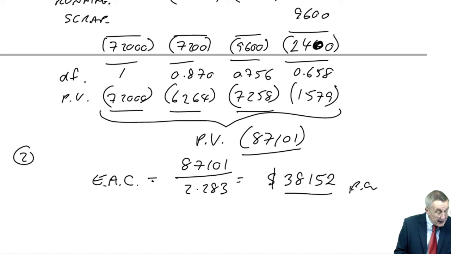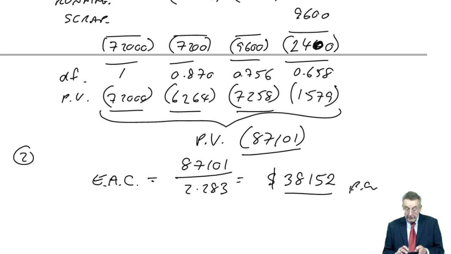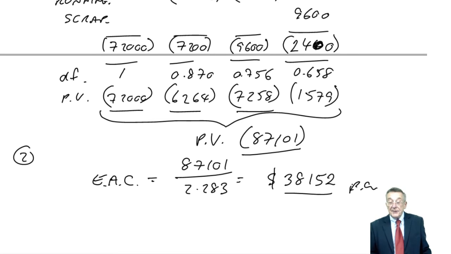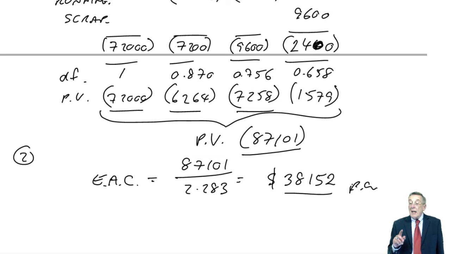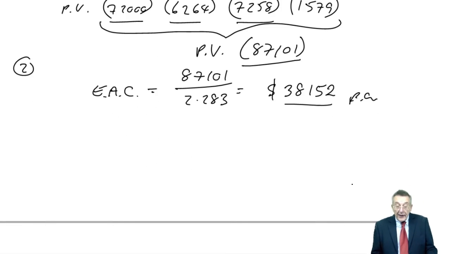Have I got the right factor there incidentally? 2.283. Yes, I have. Sorry, I'm still a bit scared I'm leaving the wrong figure. Yeah, that is right. So before we compare and decide, we've done 2-year, 3-year.